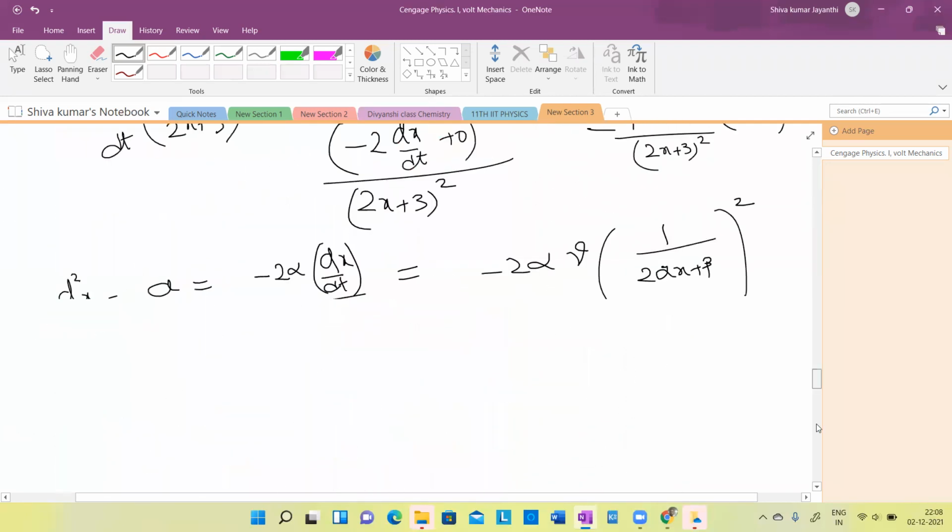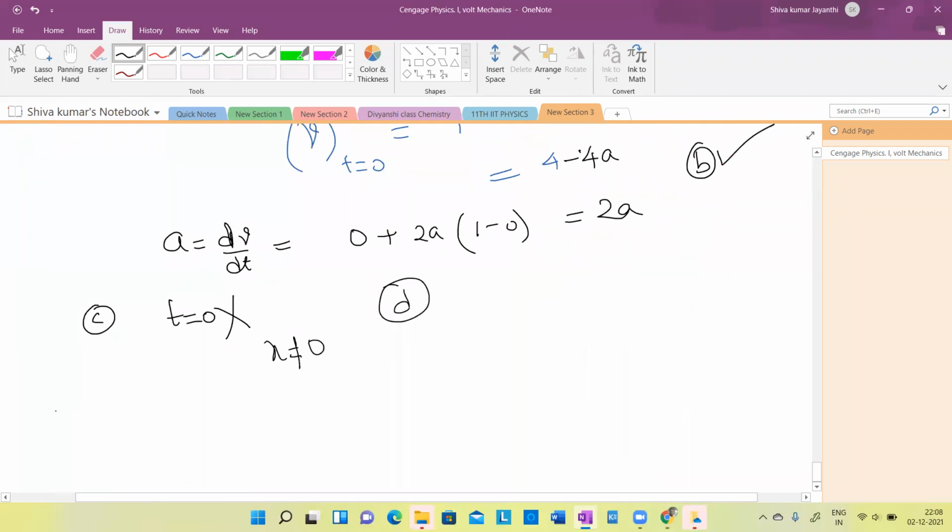Okay. Question 9. R bar is given as t square minus 4t plus something.